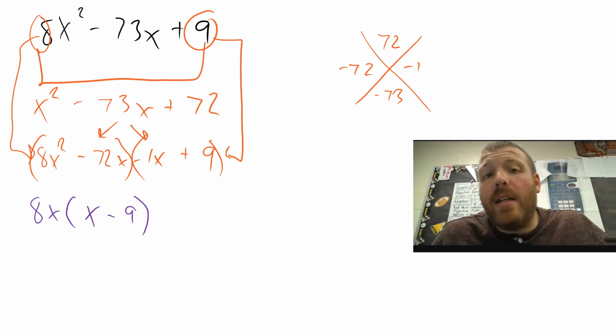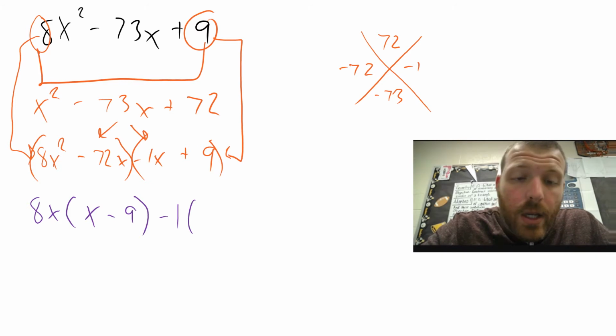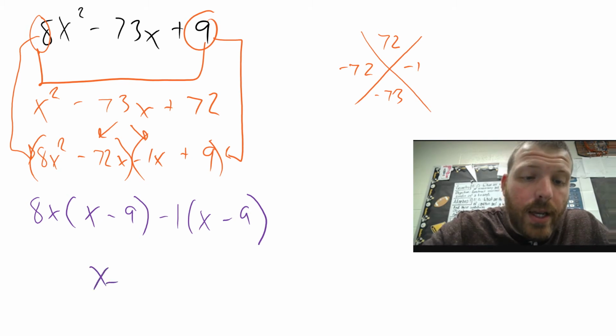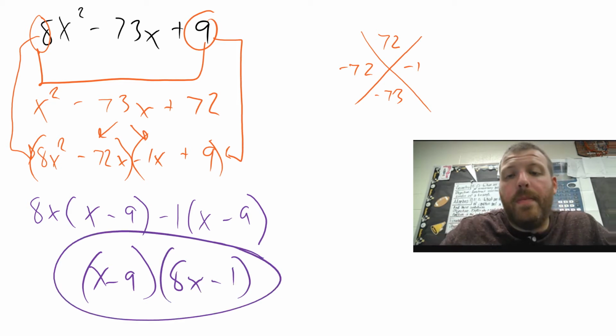We want the negative, and so what we need to do is take a negative out. And if you look, the greatest common factor is 1. And what I'll have left is x minus 9, which is what I wanted, so that I can take my x minus 9 out, bring down my 8x minus 1, and be done with it.